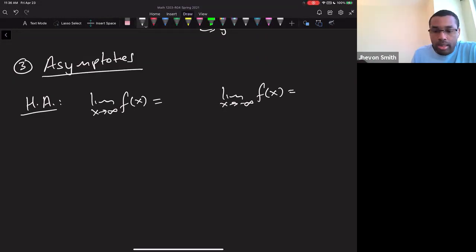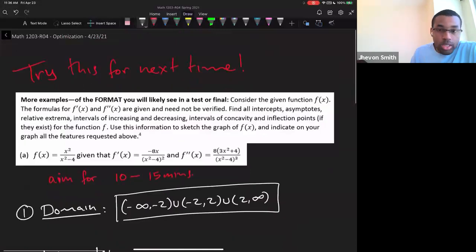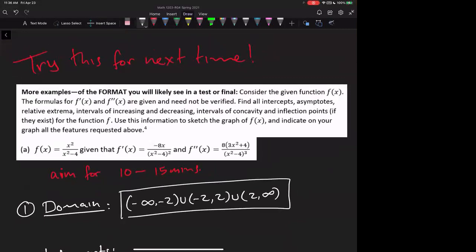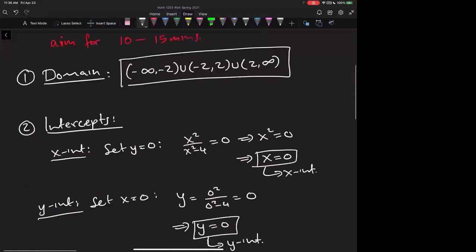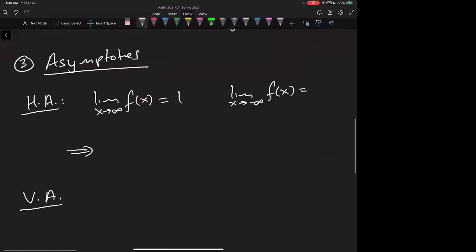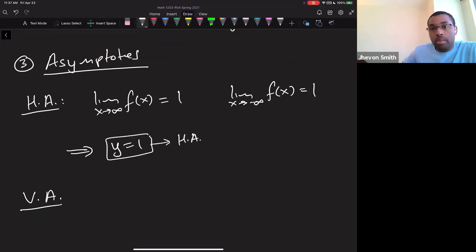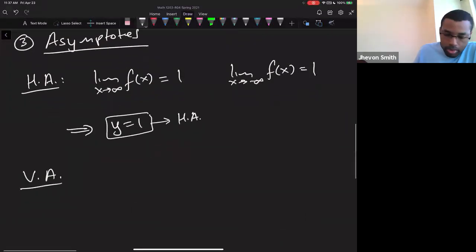It shouldn't be too bad to get them. So what is the limit as x approaches infinity of this guy? One. It's 1. And this would also be 1 by ratio of leading coefficients. So now this means that y equals 1 is a horizontal asymptote. Remember, if either of these limits give you a constant, that is a horizontal asymptote.